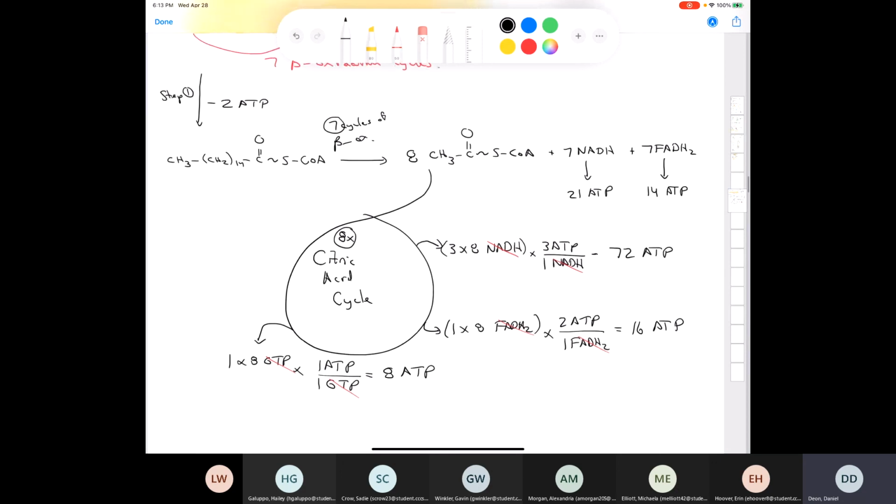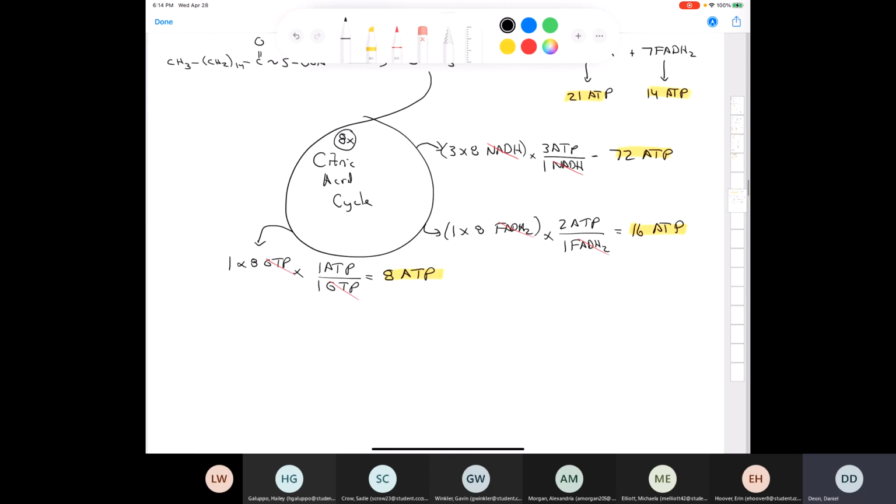So let's tally up what we've produced. I'm going to highlight everything in yellow, all the ATPs that we made. We made 21 plus 14 plus 72 plus 16 plus 8. If we tally all that up, you end up with 131. So we'll put here total ATP produced.